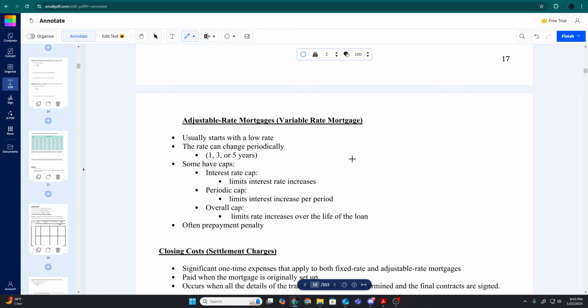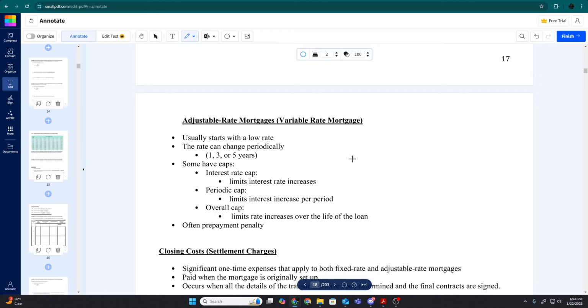This can change every year, every 3 years, every 5 years. Usually you would only do an ARM like this if you're optimistic that interest rates are going down over time. You might be paying, let's say, 6% now, and in 5 years maybe it goes down to 4%, and in 5 more years it goes down to 3.5% or whatever.